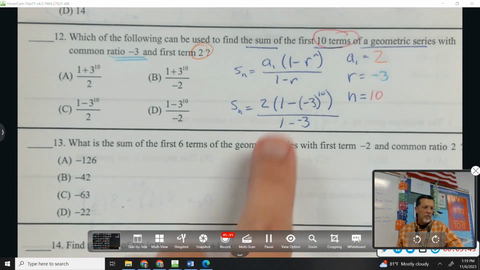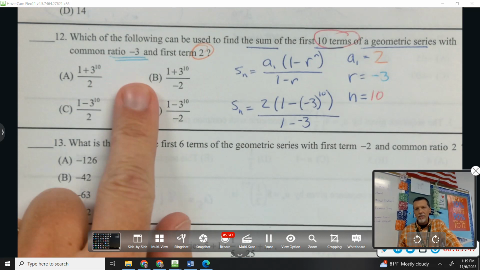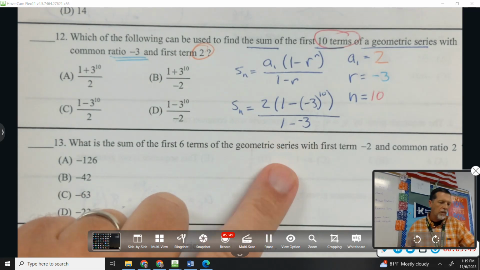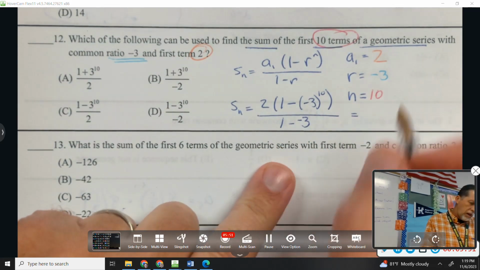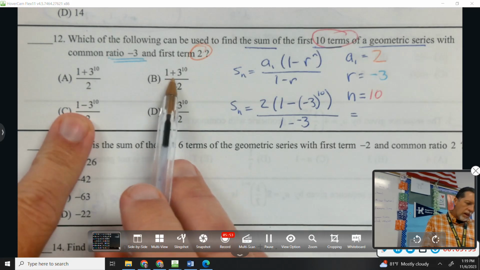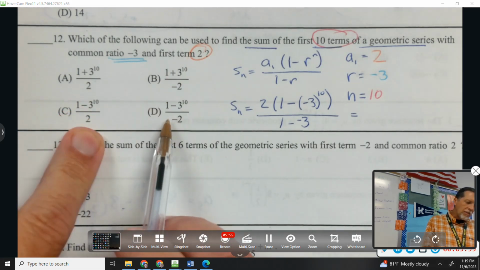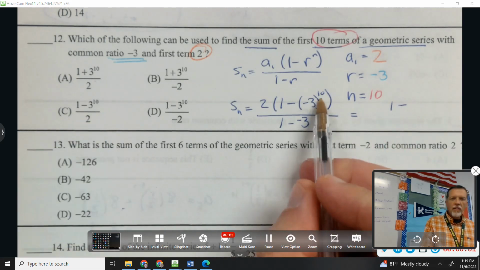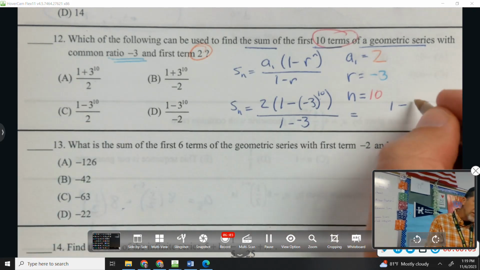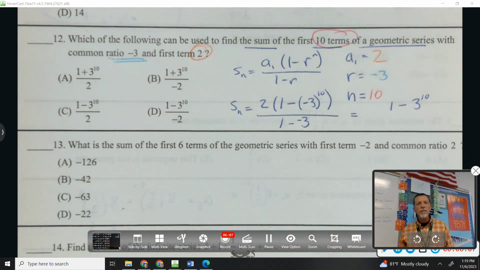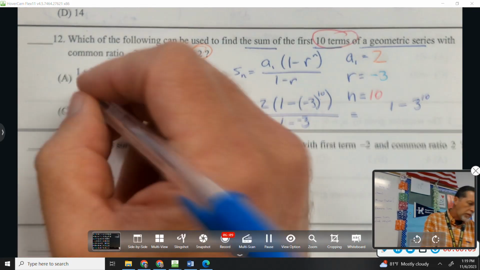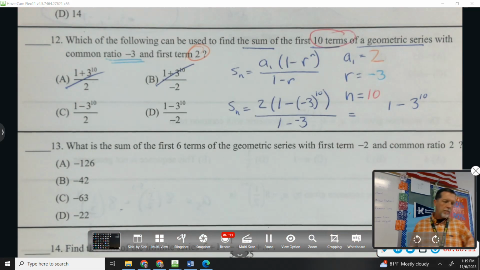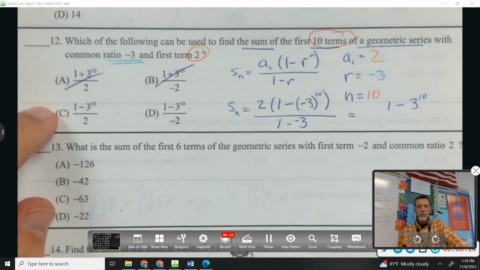Okay, well obviously that doesn't look exactly like any of those, so I need to do some simplifying here. I notice that none of these have -3 to the 10th, but if I raise the negative to the 10th, that's going to be positive, so I'm just going to write that as 1 minus 3 to the 10th, and now it matches my answer choices.